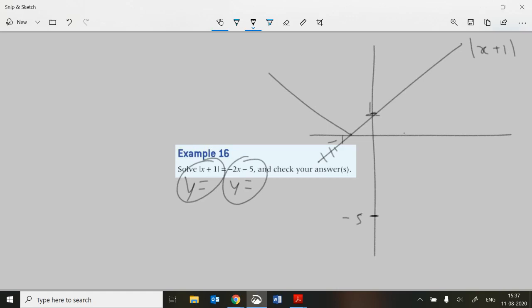And if we draw a gradient of minus 2 here, well, we can see that by going up 4, you're going to go across 2. Okay, so that's going to take us up here. So the next place is minus 3 comma minus 1. Okay, so all we're doing is going up 2 and across 1.